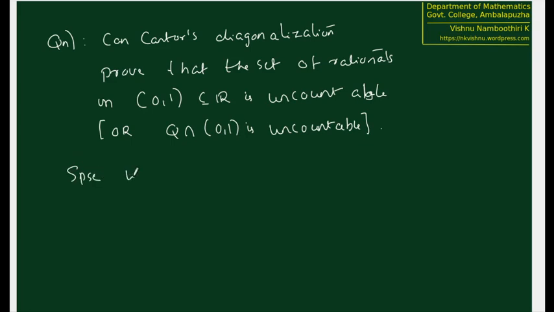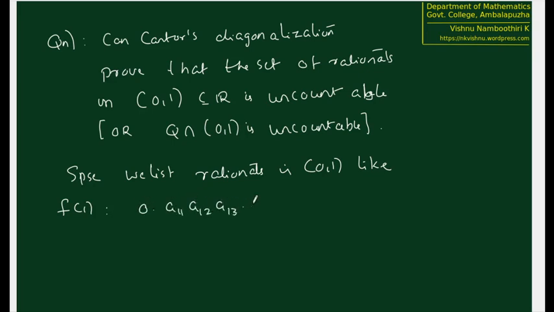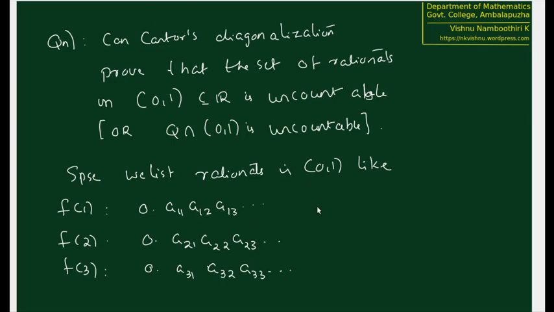Suppose we list rationals in 0, 1 like f of 1 as 0.a11, a12, a13, etc. f of 2 as 0.a21, a22, a23, etc. f of 3 as 0.a31, a32, a33, etc. And suppose that we use the Cantor diagonalization method to produce something that is not in this f of 1, f of 2, etc.